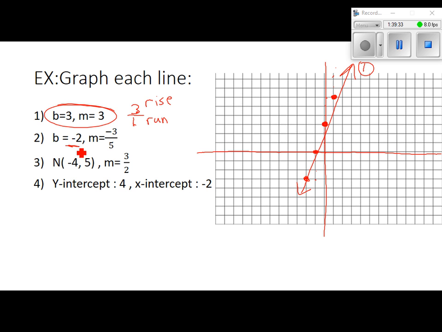Number 2, y-intercept's -2, so go down to -2. Put a dot. The slope this time, again, rise over run. This rise this time says a -3, so that's telling us to go down 3. And then the +5 is telling us to go to the right 5.